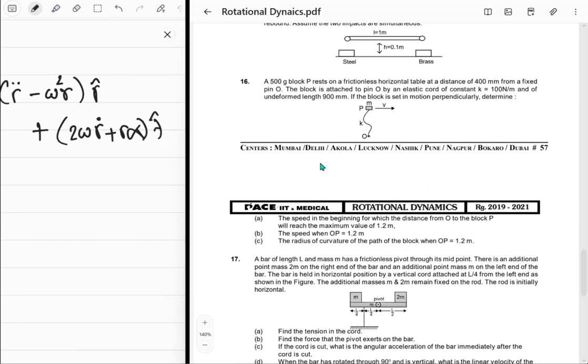So this thing is just the total acceleration in the radial and tangential direction for any body, no matter what kind of motion it's going in. If it's 2D motion, it's this.